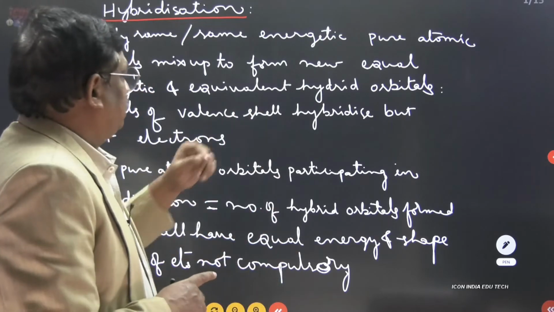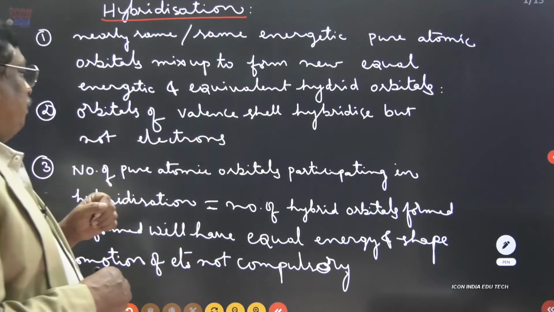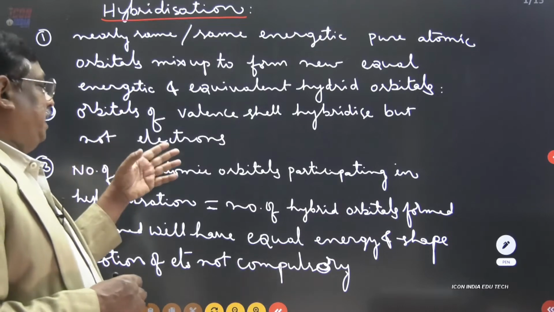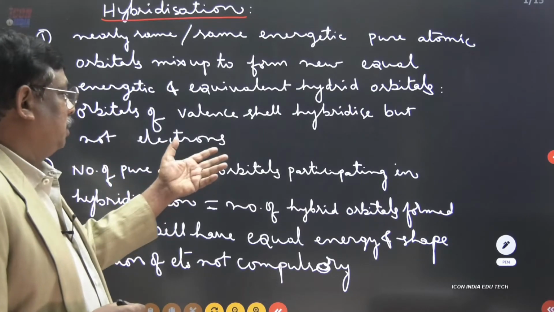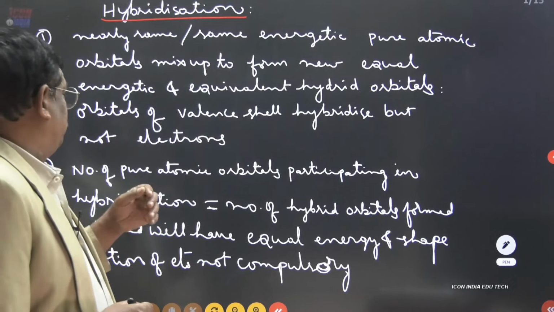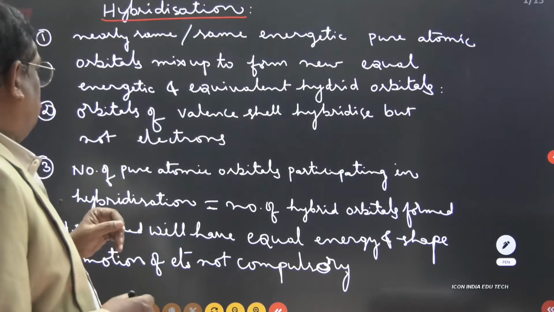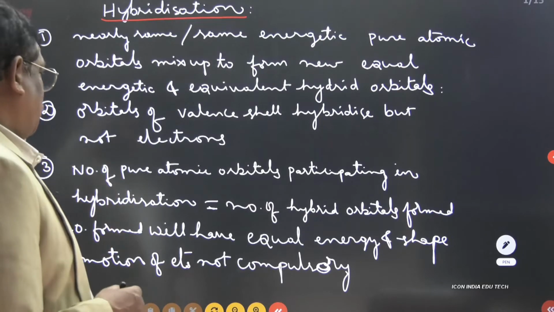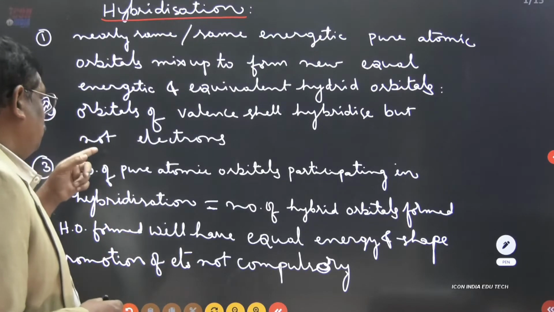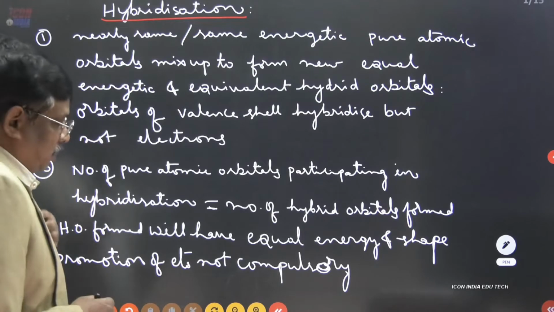What are those equivalent orbitals called? Hybrid orbitals. Orbitals of the valence shell are involved in the hybridization, not electrons; only orbitals of the valence shell are involved, not electrons.